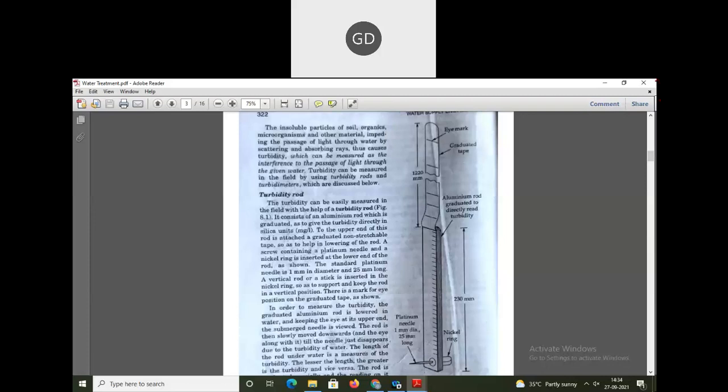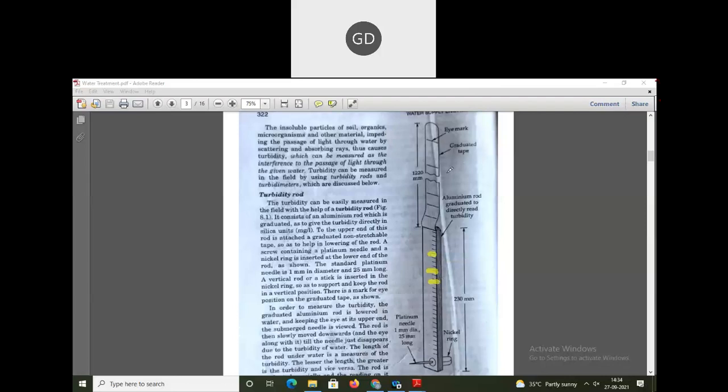The graduated scale which you see here is the scale. To the upper end of this rod is attached a graduated non-stretchable tape.